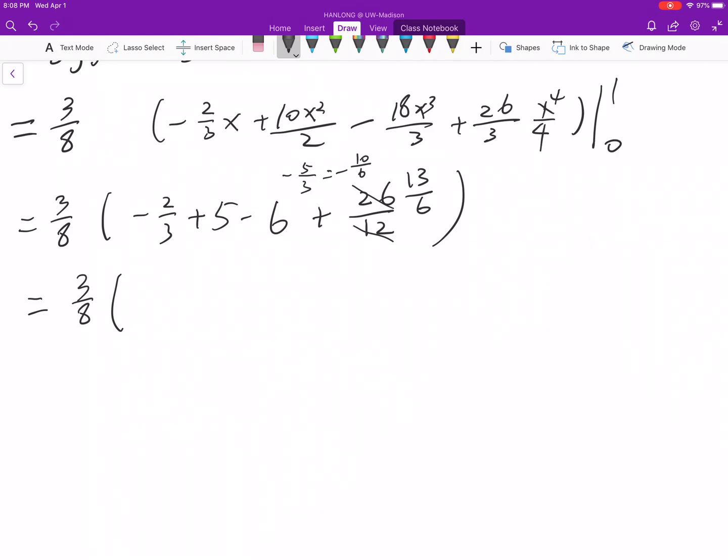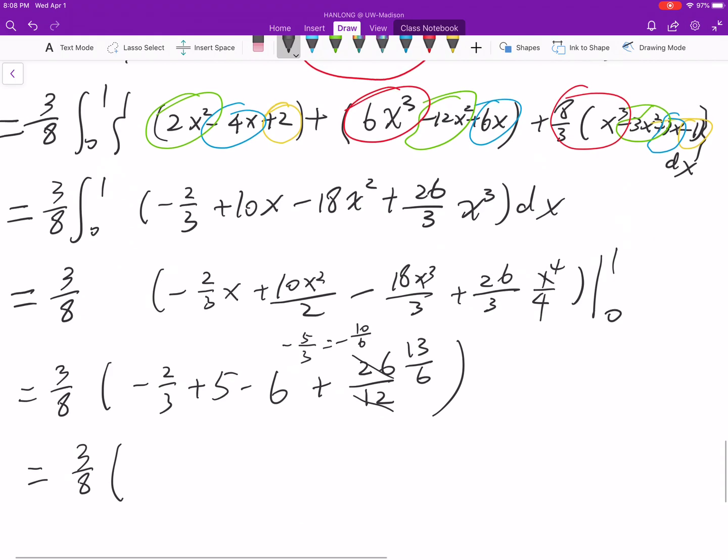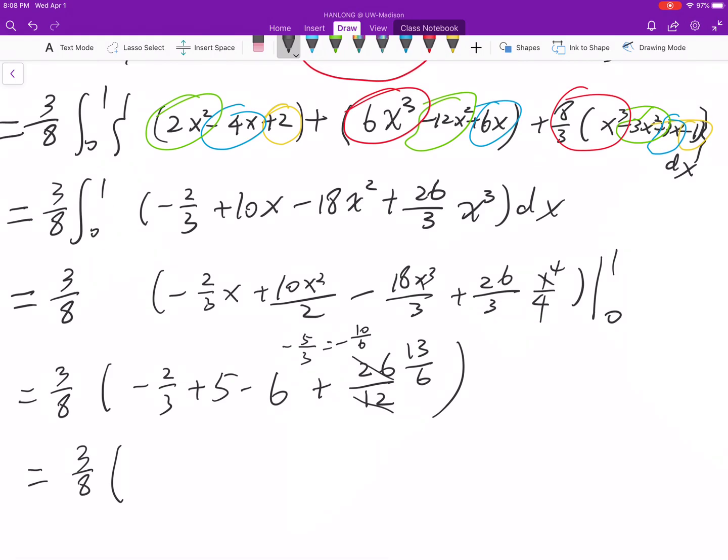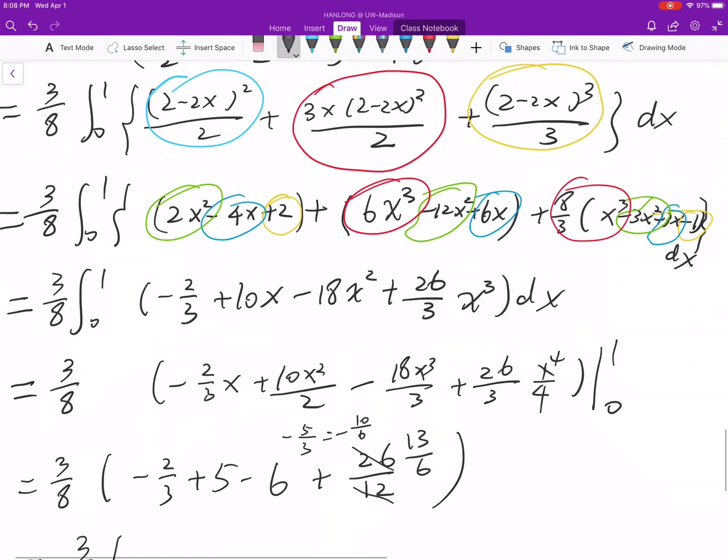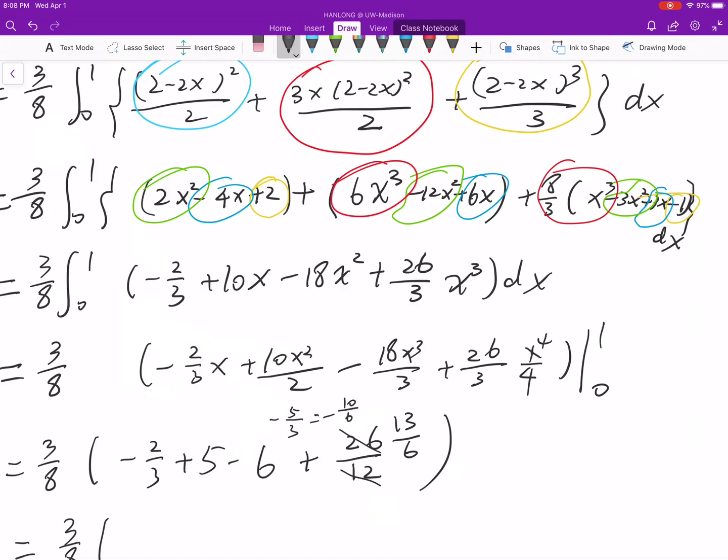So, am I right? Let's look at it. Oh, I see. There is some mistake here. Here you have an actual negative sign. Sorry about that.